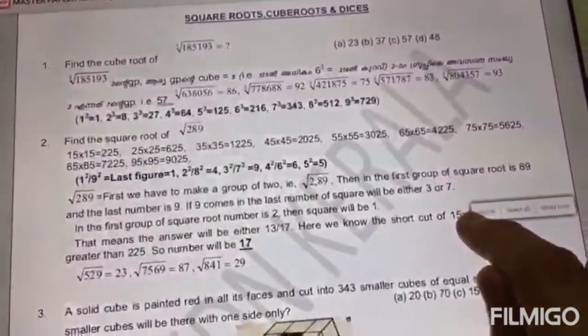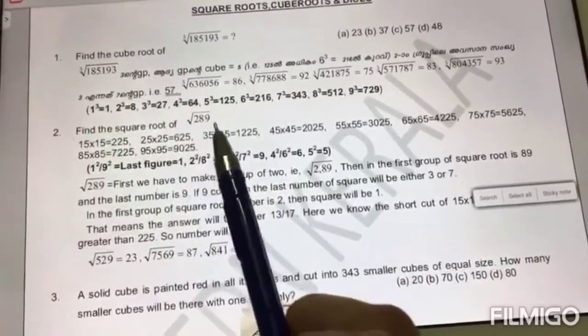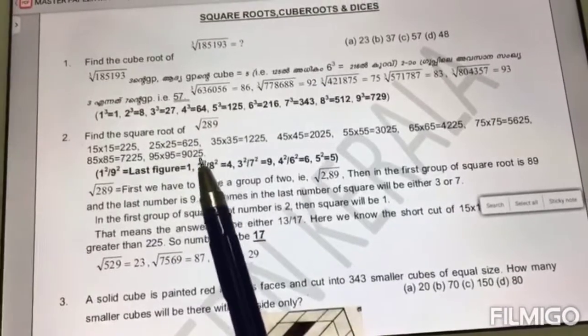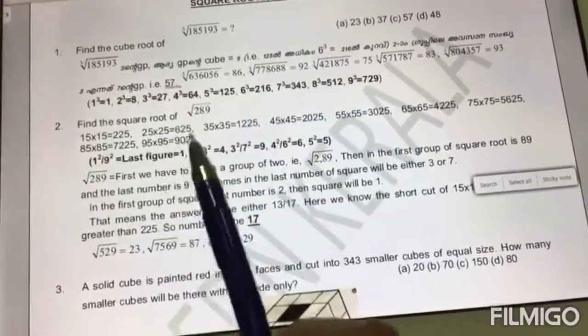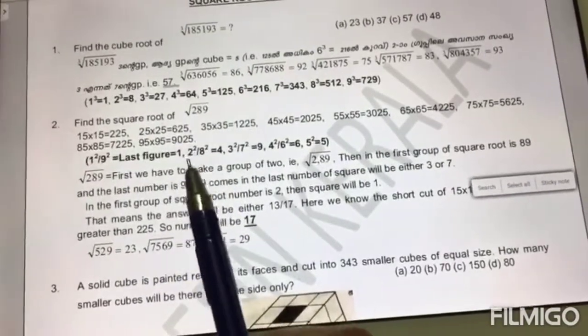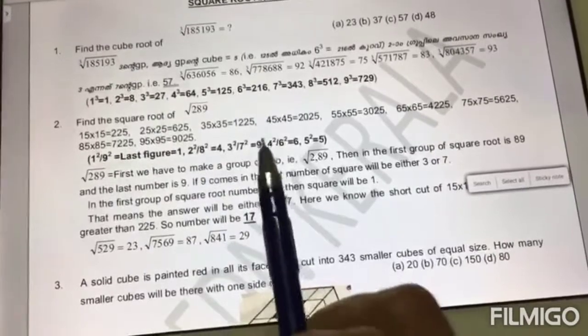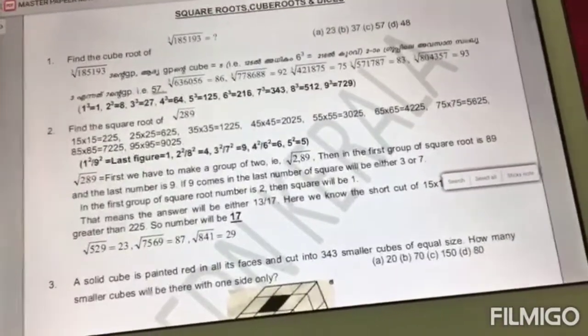Okay, now find the square root of 289. Now you cannot use calculators in your exam, so we have to use shortcuts. Okay, how do we have to start? Now remember I told you should know some of the basic squares of 1, 2, 3, 10, 20, up to 50, up to say 25. Try to memorize it.